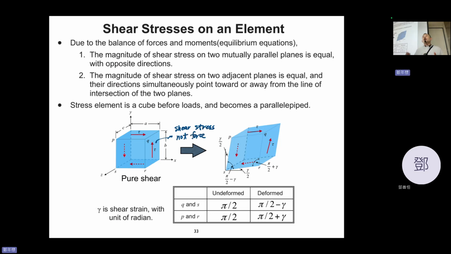Okay, if you want to get force, how can we get force? We just multiply tau times the area of the shape. So if you want to get the force of that surface, you just multiply tau times the area A here. You can get the shear force at that area.